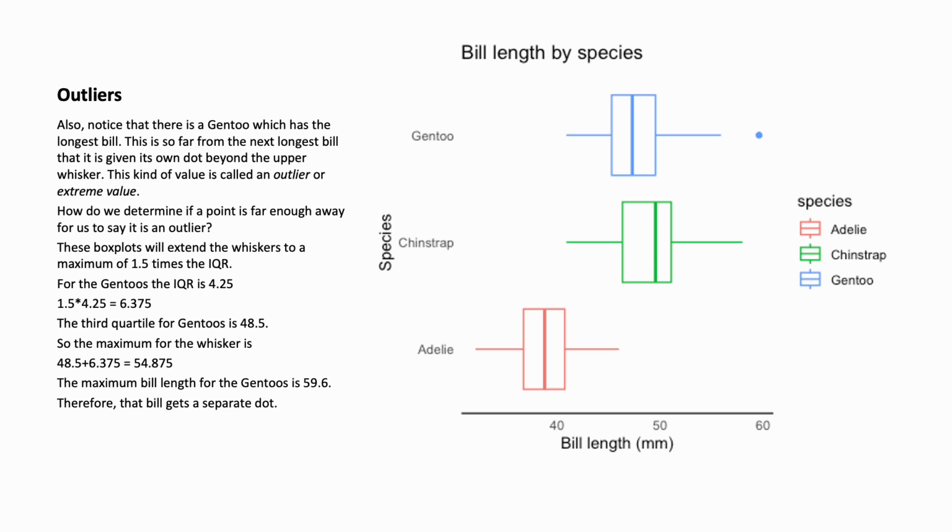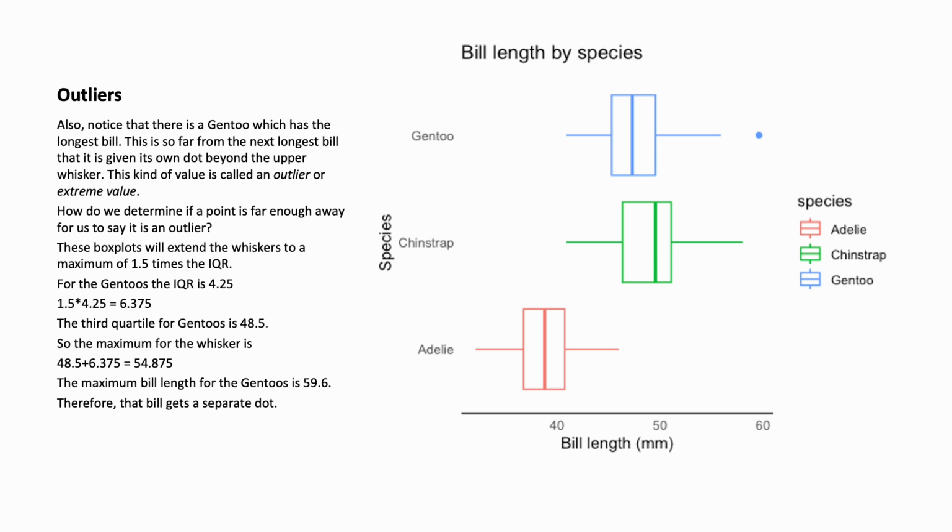This is just a rule of thumb, but it does make us start to think about why we have an outlier. Is there something special about that? Was there a data entry error, or was that just a result of chance? There's a lot of possibilities.